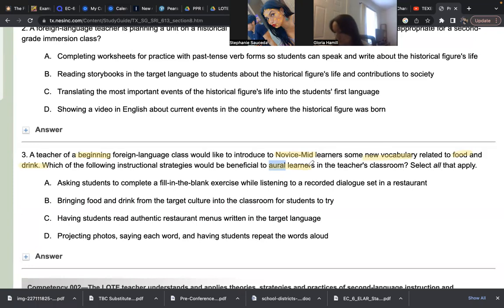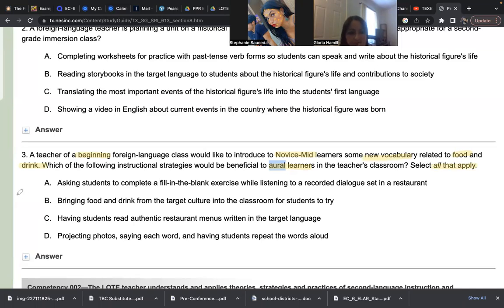Oral, that is hearing, right? Oral meaning, sorry, I'm going to have to look it up. Relating to the ear or sense of hearing. Okay, yes. And remember, whenever they say all that apply, that means there's more than one.